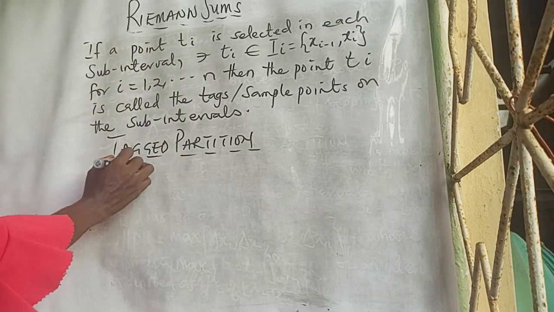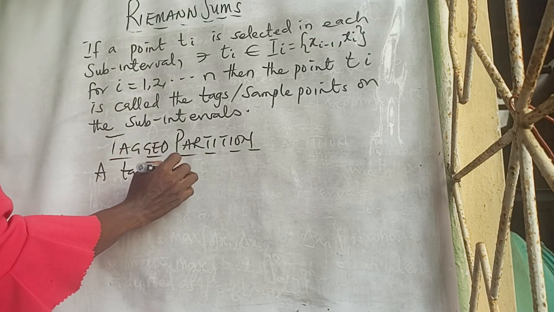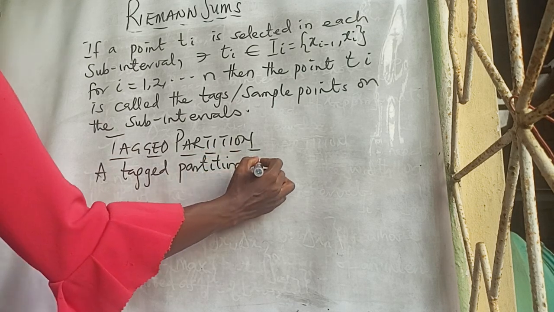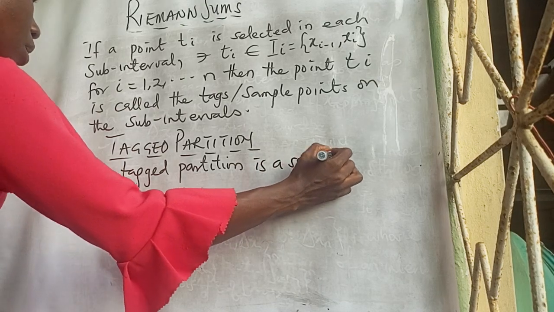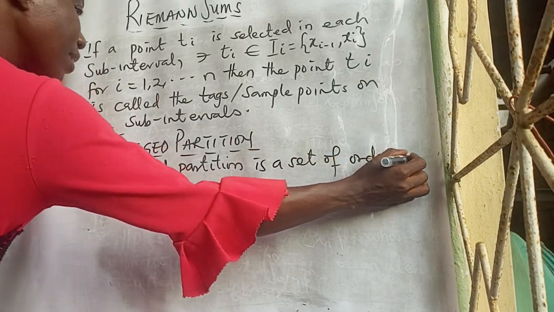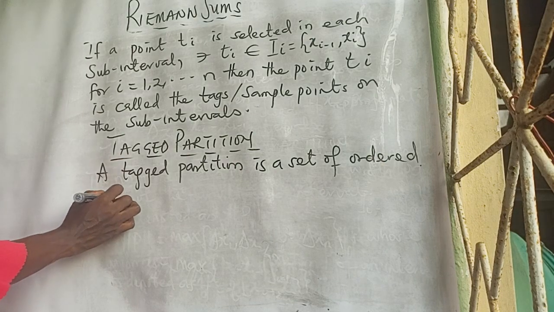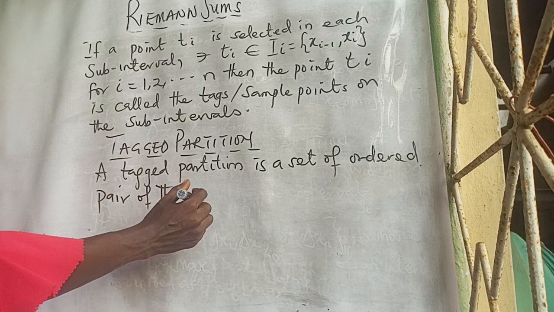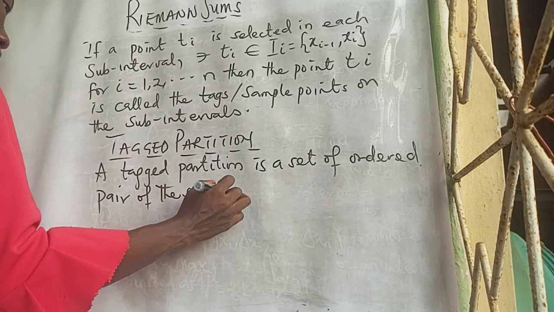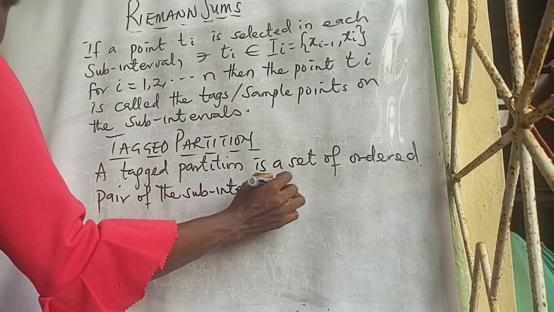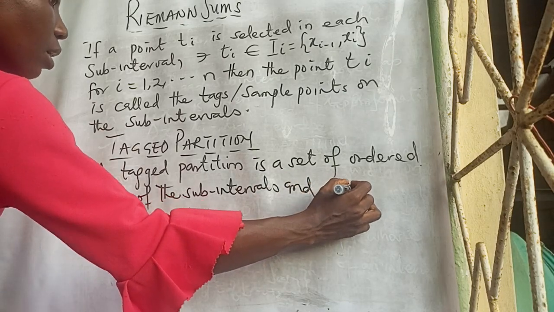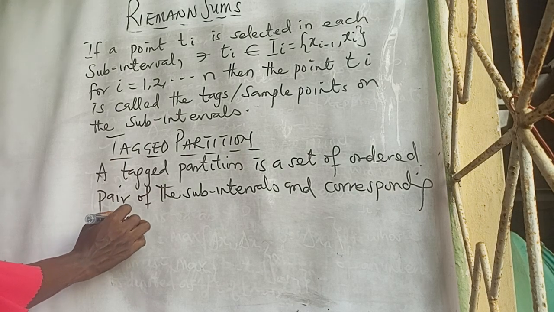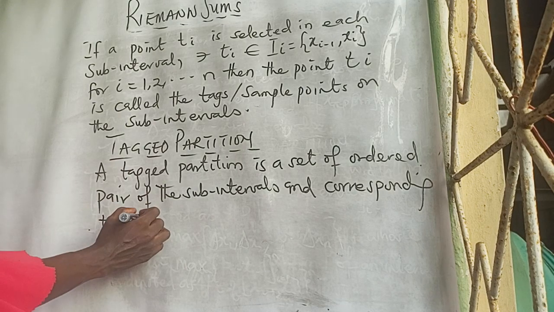A tagged partition is a set of ordered pairs of the subinterval and corresponding tags.